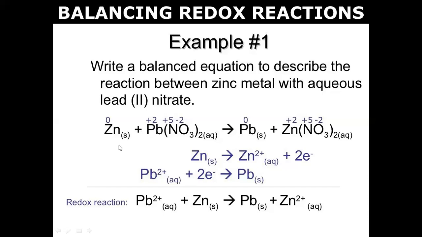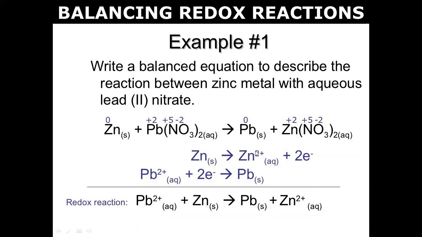Zinc is going from 0 state to +2 state. It means it is losing 2 electrons, and these 2 electrons are accepted by Pb and it becomes neutral. So in the reduction half and oxidation half, there is a difference of 2 electrons.